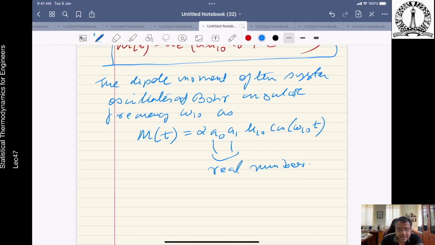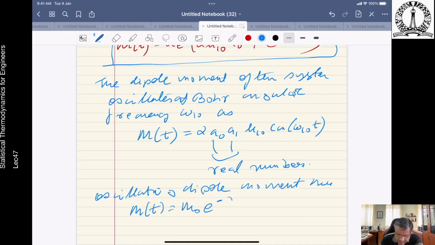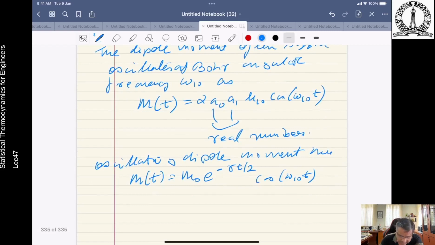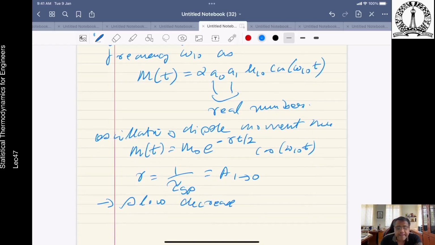So in other words, we can write the oscillating dipole moment now as mu(t) equal to mu0 e^(-gamma t/2) cos omega10 t, where gamma is 1 over tau sp, equal to A10. So this is what the dipole moment now looks like.